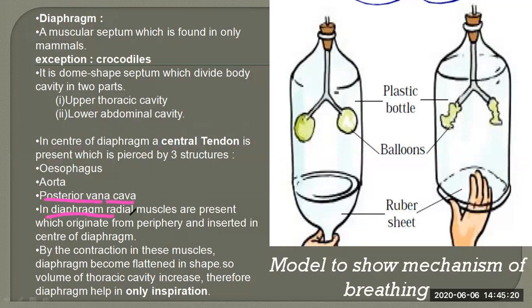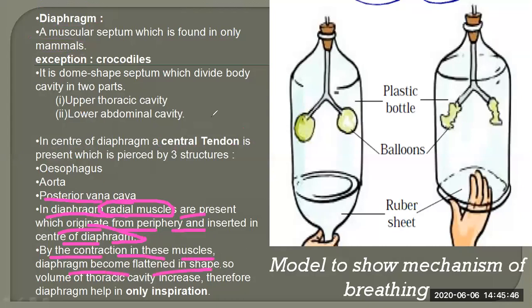Now in the diaphragm there is a special type of muscle known as the radial muscles, which originate from the periphery and are inserted into the center of the diaphragm. By the contraction of these muscles, the diaphragm becomes flattened in shape.